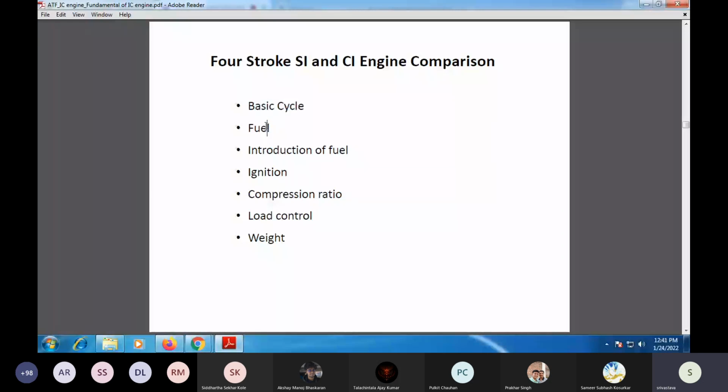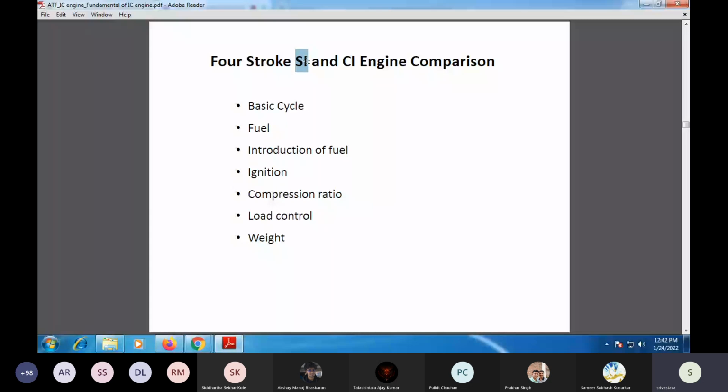Based on the fuel, in the SI engine gasoline is used, in the CI engine diesel fuel is used. Can you tell me some other fuels that can be suitable for the SI engine?